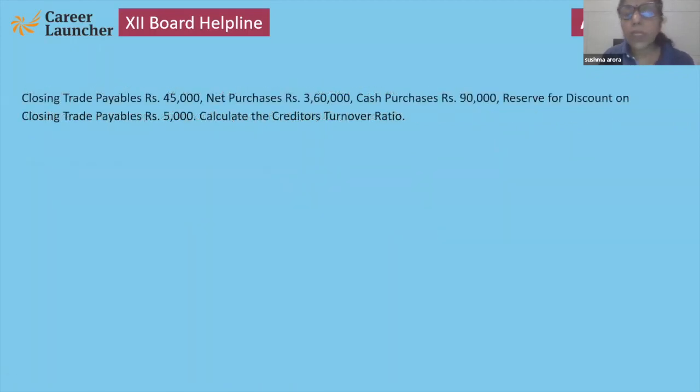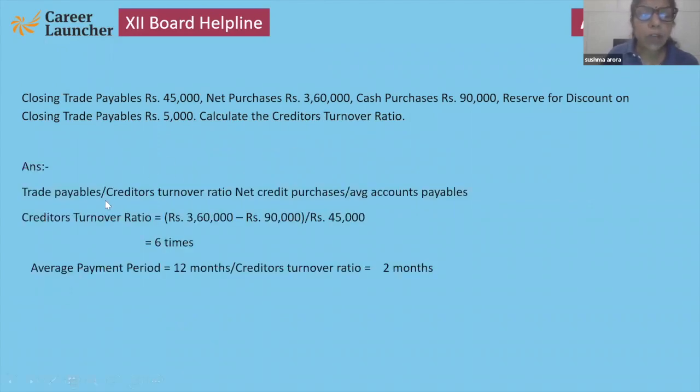Now this is the question for you. This is creditors turnover ratio. See, my dear children, creditors turnover ratio is also known as trade payable turnover ratio. Here I am going to show you TPTR, trade payable turnover ratio. The formula is net credit purchase upon average trade payables.